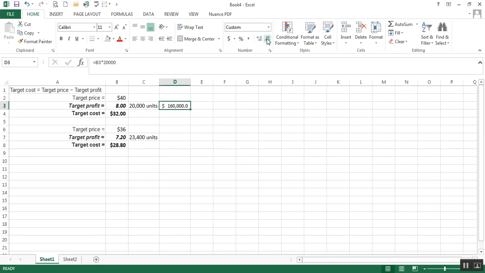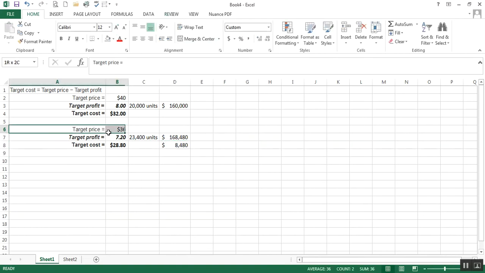In this case, it would be $160,000. And here it's going to be 7.20 times 23,400, which is $168,480. So while we're earning less per product, we're able to sell more products because of the lower price. Therefore, we're earning $8,480 more at the target price of $36.